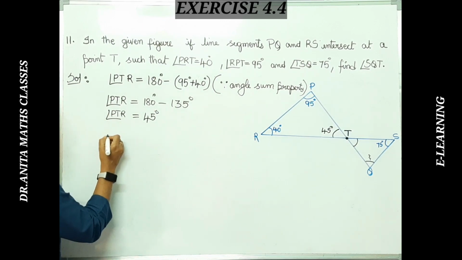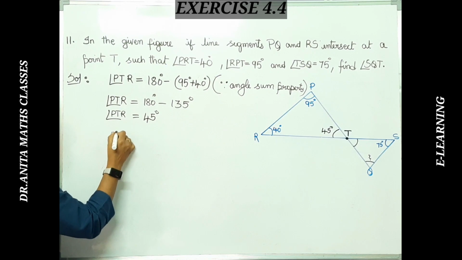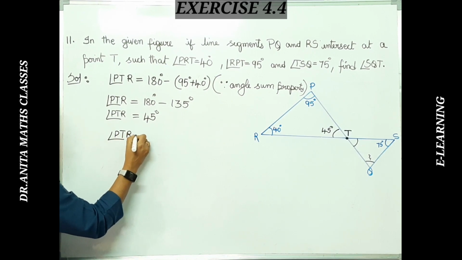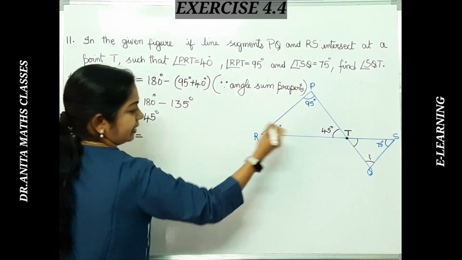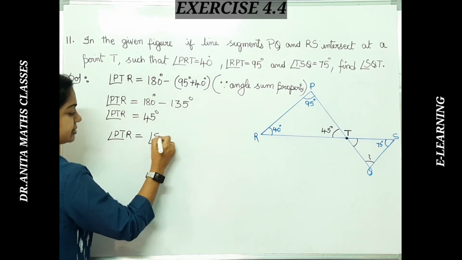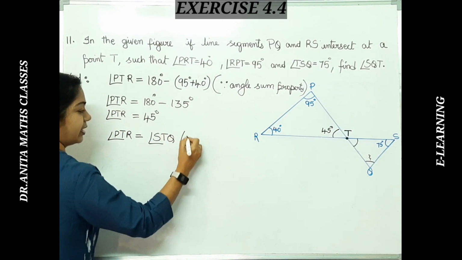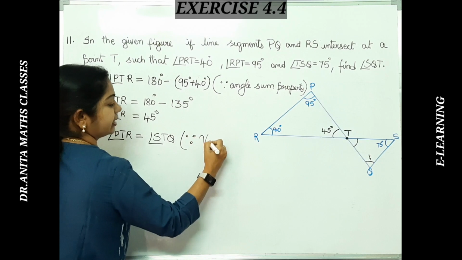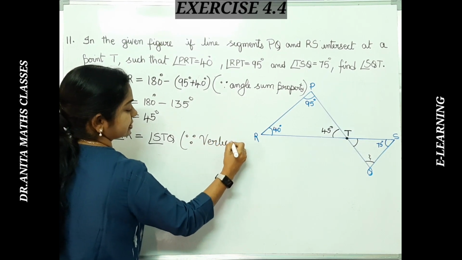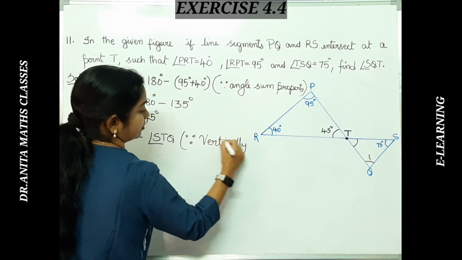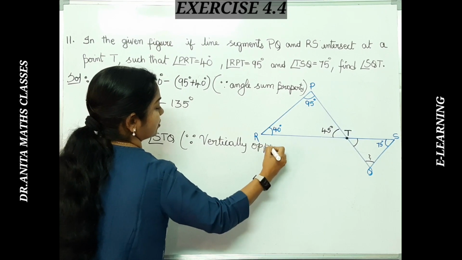So angle PTR equals angle STQ, since vertically opposite angles are always equal.